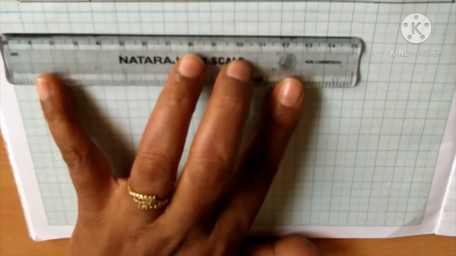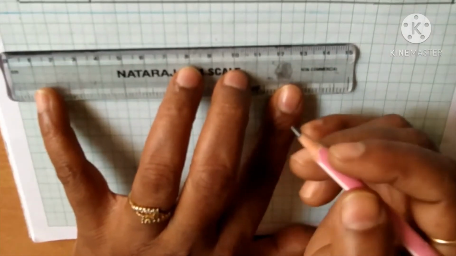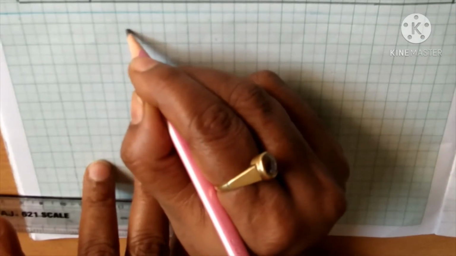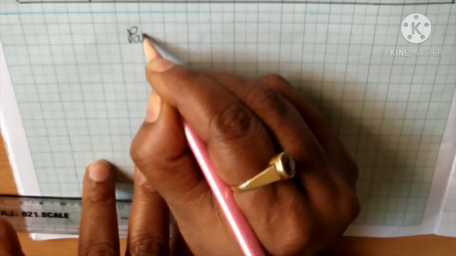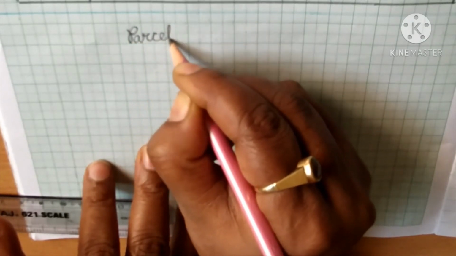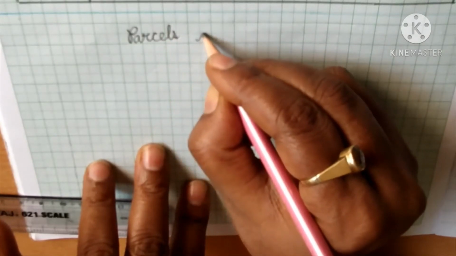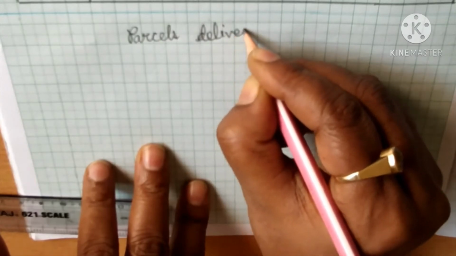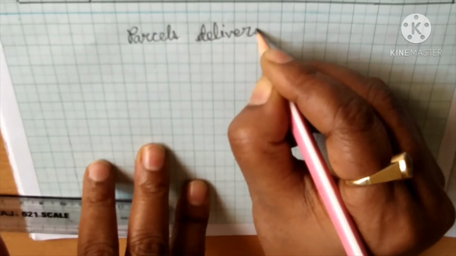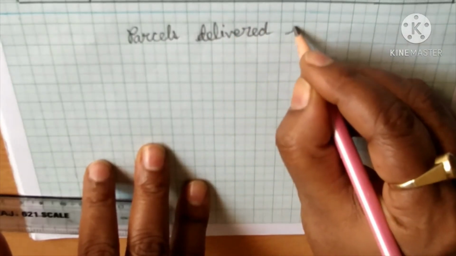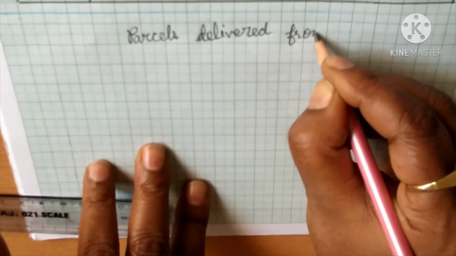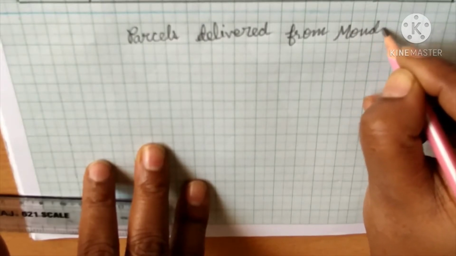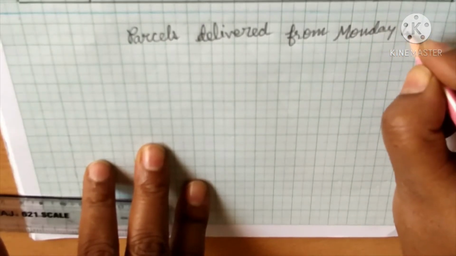Now we are moving to the second question, and the second question is draw a pictograph to represent the parcels. The same, first we have to write the title. Title is Parcels Delivered from Monday to Friday.